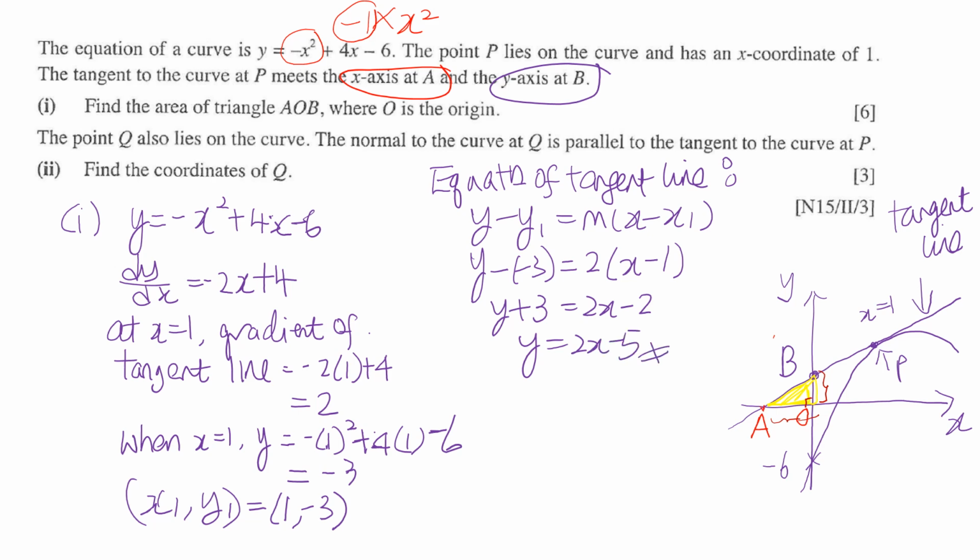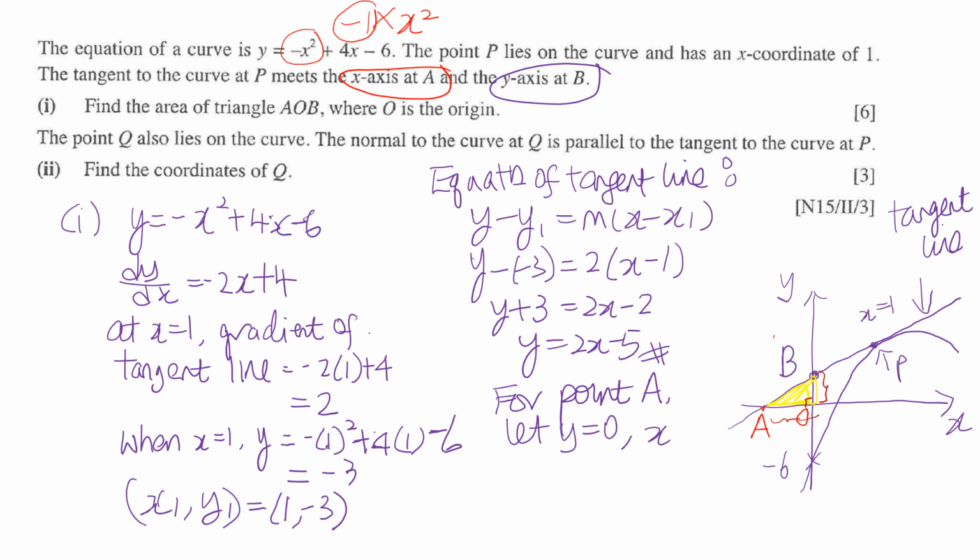So this will be the equation of my tangent line, but we're not done yet because we need to find point A and B. So for point A, this is when I let y equals to 0.